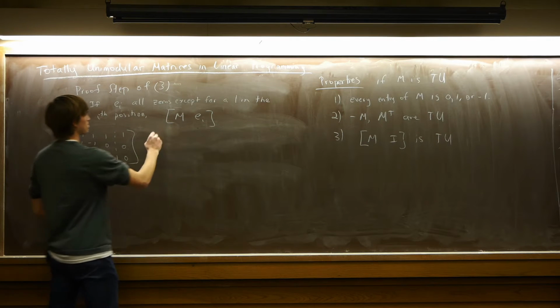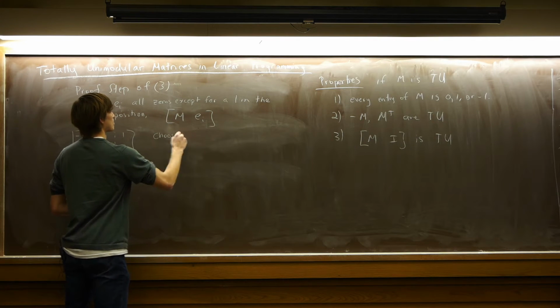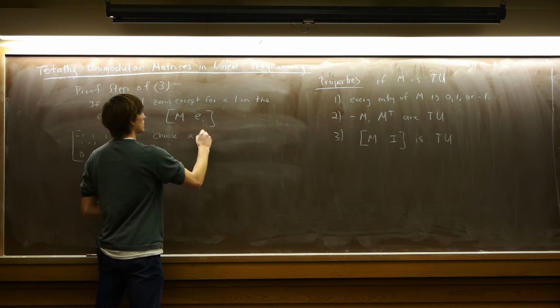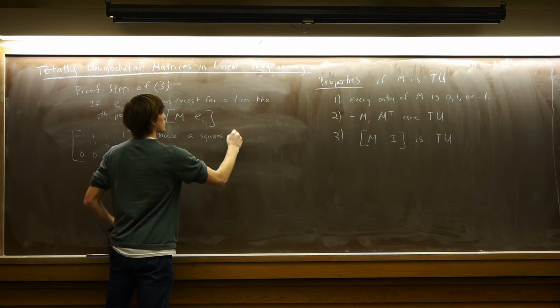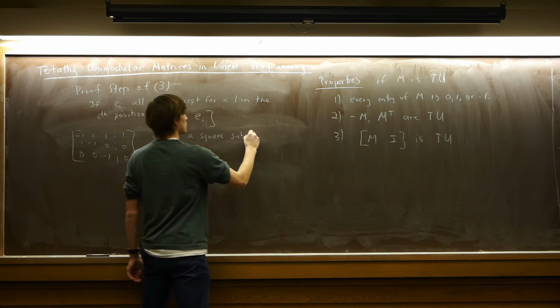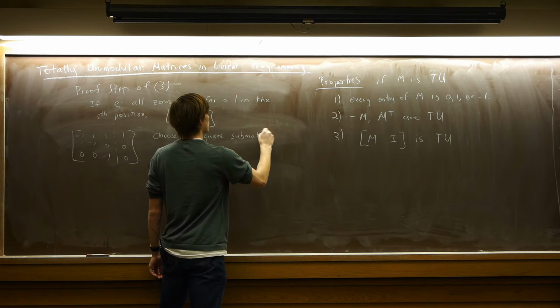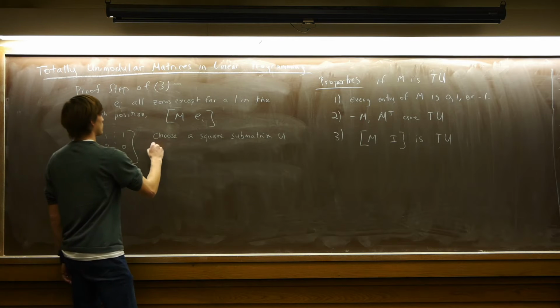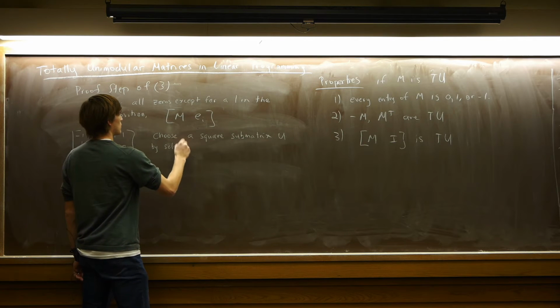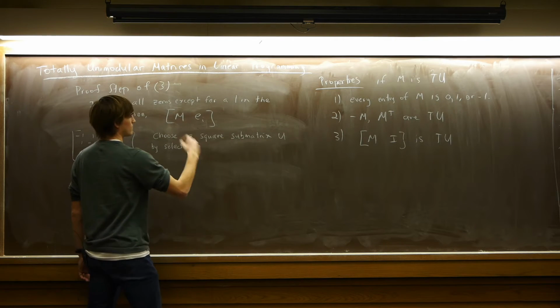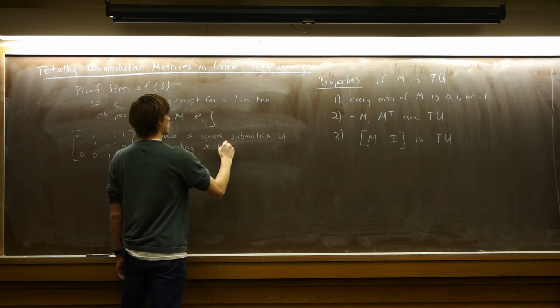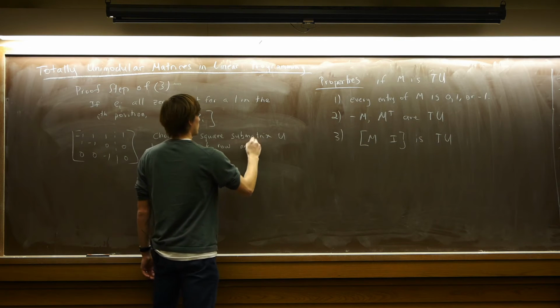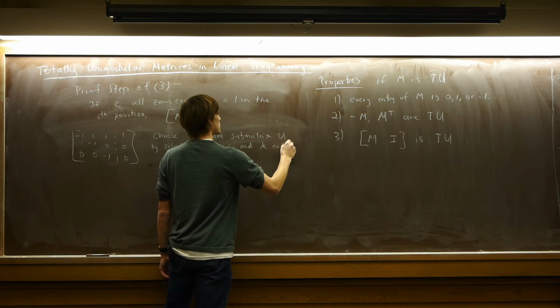So we choose a square submatrix U of this matrix here by selecting some integer k rows and k columns.